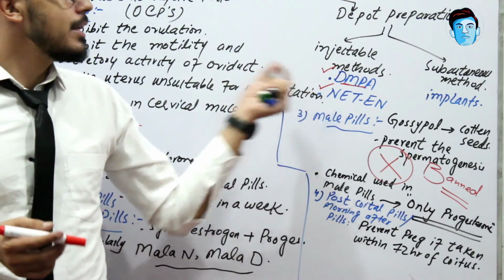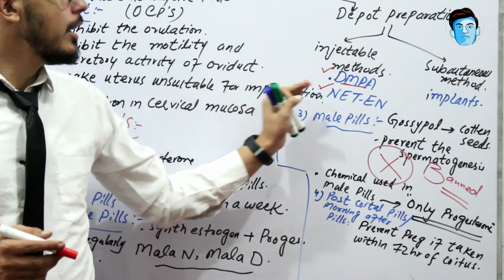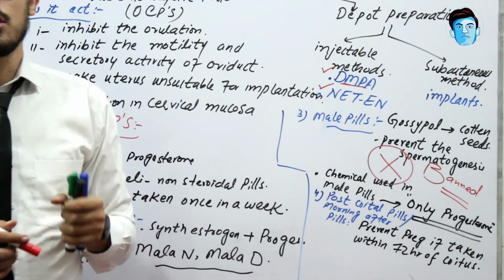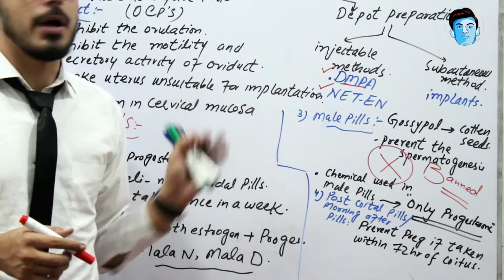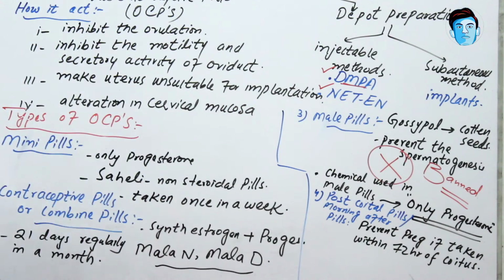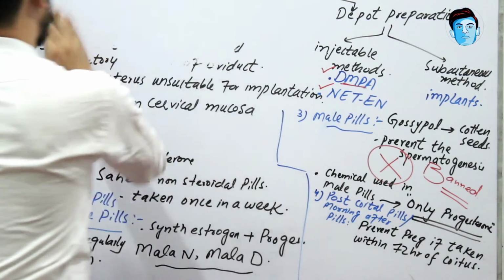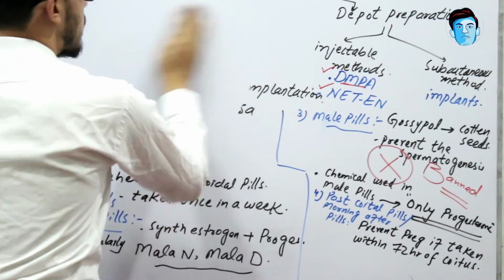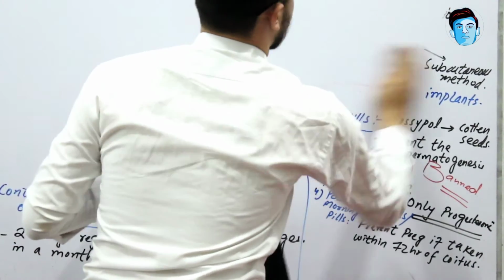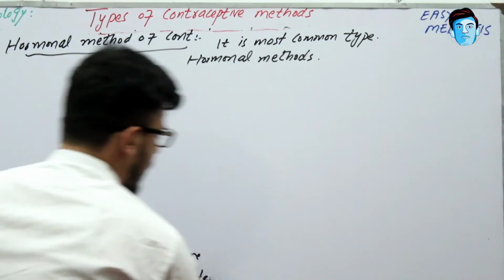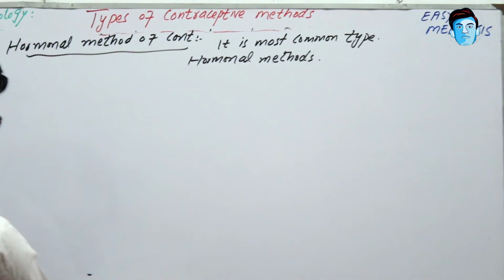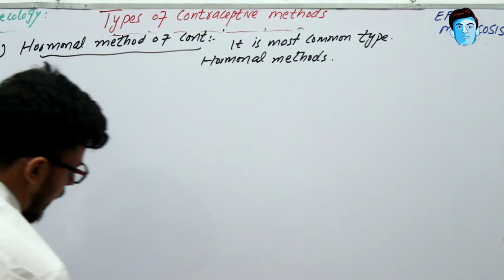We will discuss its contraindications, side effects, and advantages. DMPA stands for depot medroxyprogesterone acetate, while NET-EN stands for norethisterone enanthate.